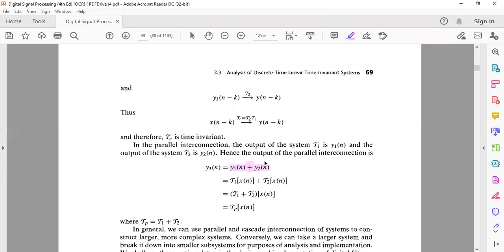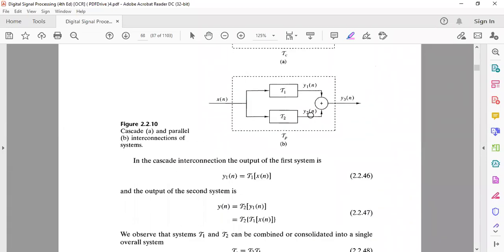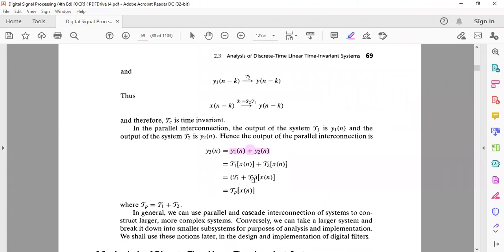From here, y3 is the sum of y1 and y2, so that y3 is y1 plus y2, which gives the operations T1 and T2 as a sum. So you have T1 and T2 to give you Tp.